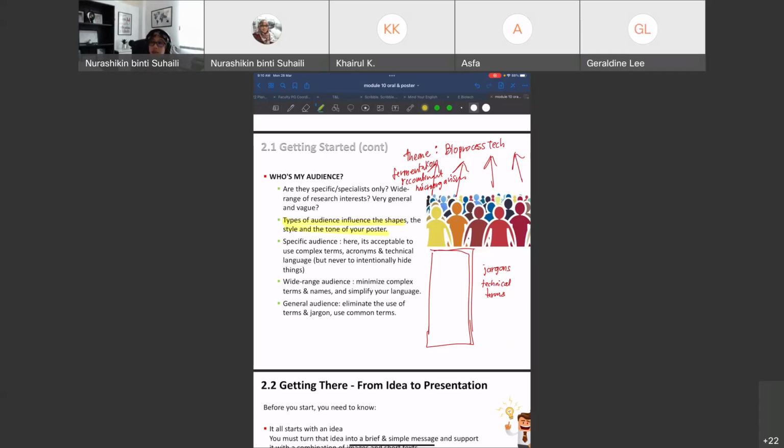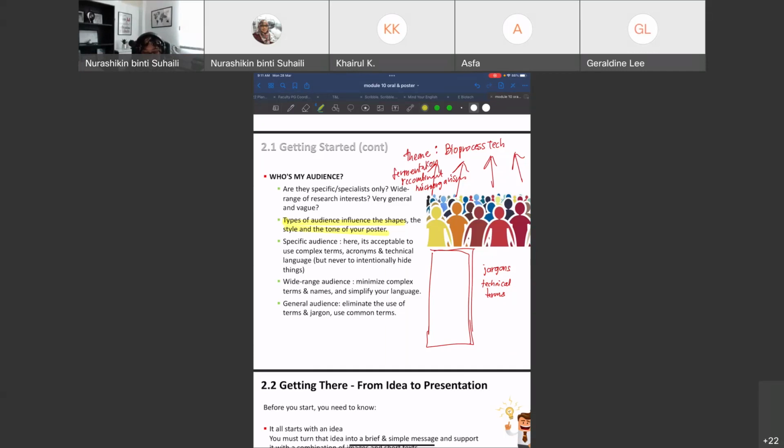Most of the words are very easy to digest. That is the key to effective communication. At the end, we want the message to be delivered to the audience.